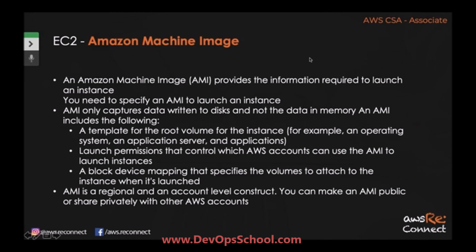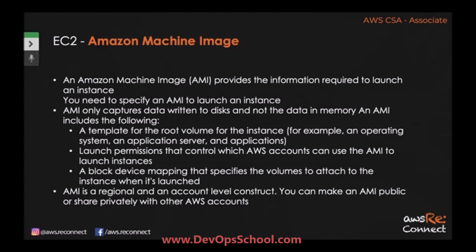So Amazon Machine Image, that is AMI. An AMI provides the information required to launch an instance. You need to specify an AMI to launch an instance. So an AMI is an operating system. Amazon Machine Image is a term defined by Amazon, but actually it is a package which includes an operating system and a few other applications.